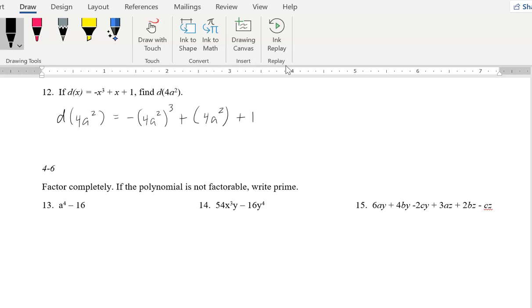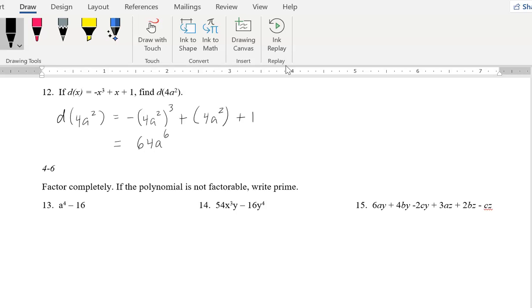And now we simplify. So you do powers. This is like multiplying by -1, so notice the x itself is being raised to the 3rd, not negative x. When I do this, it's like 4 to the 3rd times a squared to the 3rd. 4 to the 3rd is 64, a to the 6th.